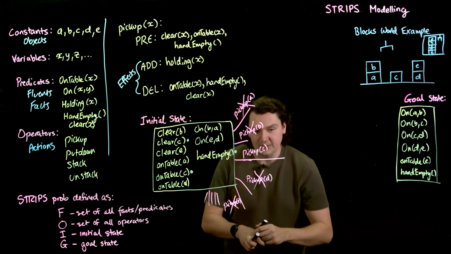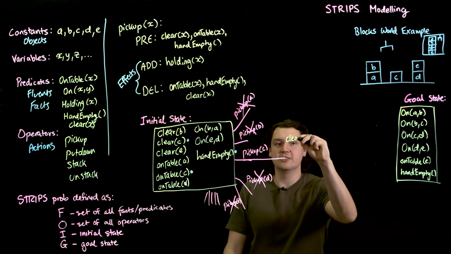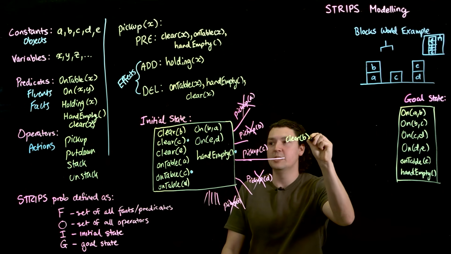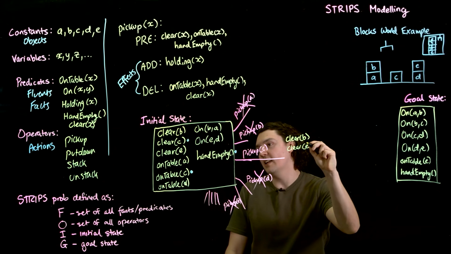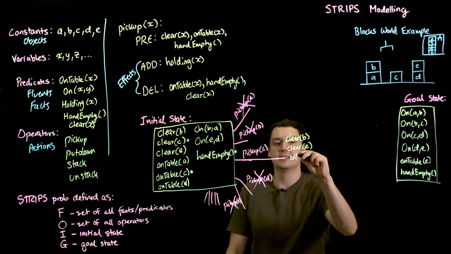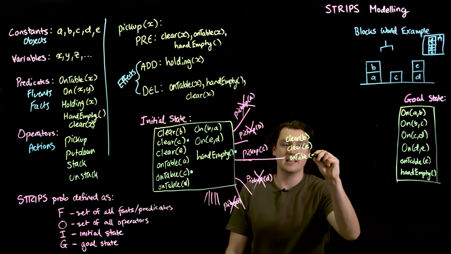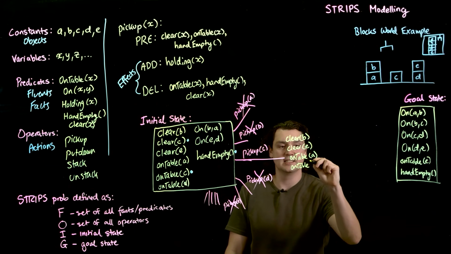Okay, so how do states work? They, again, are just a giant list of all facts. B is still clear. E, is that E or C? E is still clear. On table, A is still clear. On table, D is still clear.